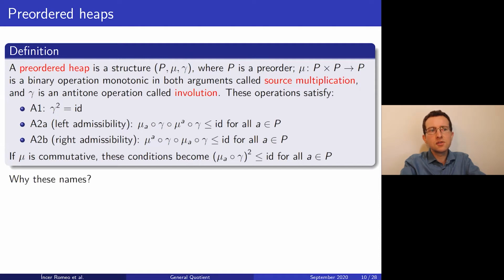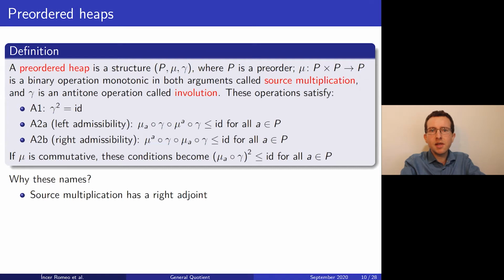We'd like to discuss why we have chosen these names. The name source multiplication comes from the following fact. As we will see soon, there is another fundamental binary operation in preorder heaps. In order to distinguish between the two, we needed to have an adjective. As we will see soon as well, mu happens to have a right adjoint.